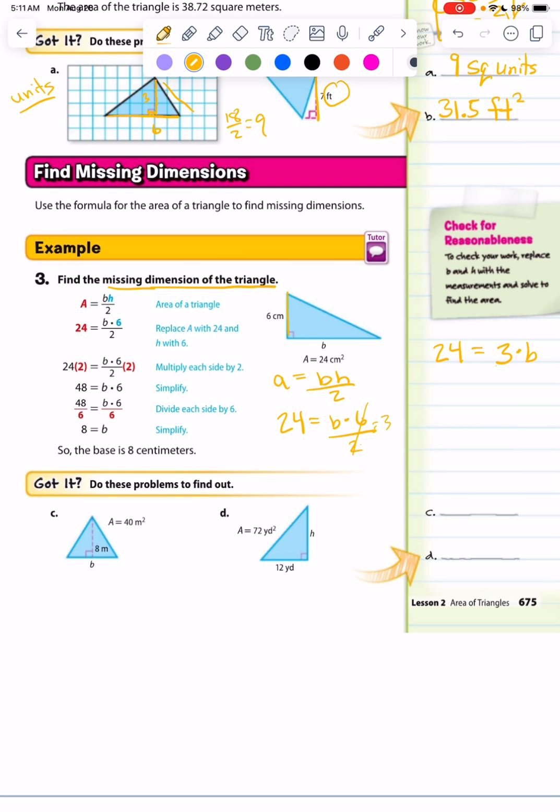What we do here is we divide both sides by 3. When we divide this by 3, 3 divided by 3 is 1. 1 times b is just b. So now we can move that 3 over to this side. What is 24 divided by 3?